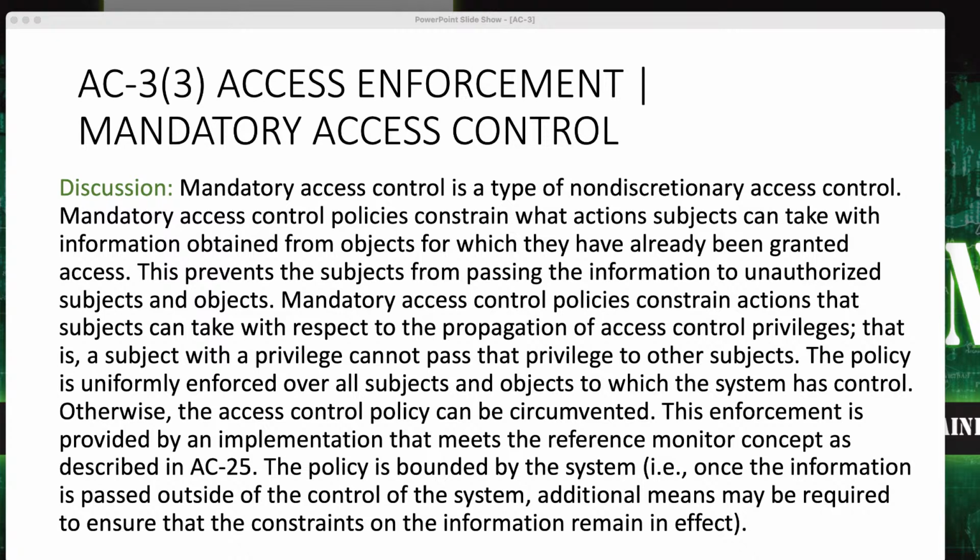So we'll back off a little bit, and the easiest way to understand mandatory access control is if you understand how security clearances and access to confidential information works within the U.S. government. Probably every government does it the same way. So in the U.S. government, we have subjects, and a subject is normally a person.